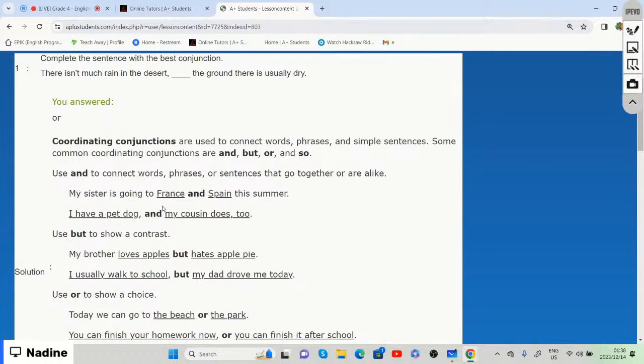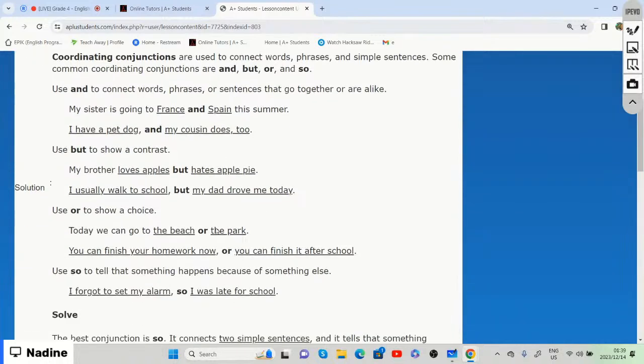All right. So we use "and" to connect words, phrases, and simple sentences. And we use "and" to connect words, phrases, or sentences that go together or that are alike.